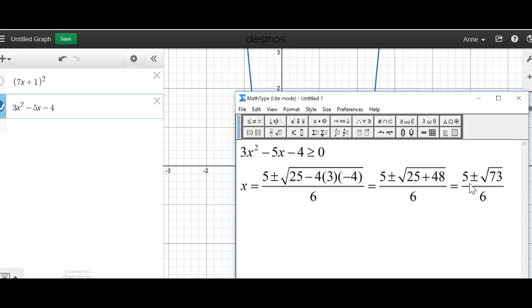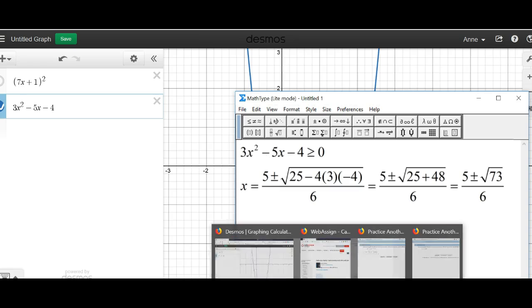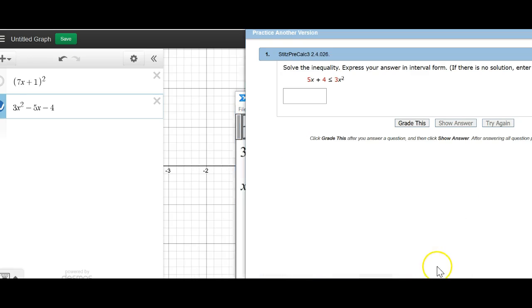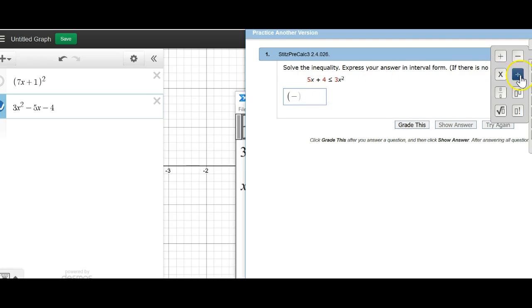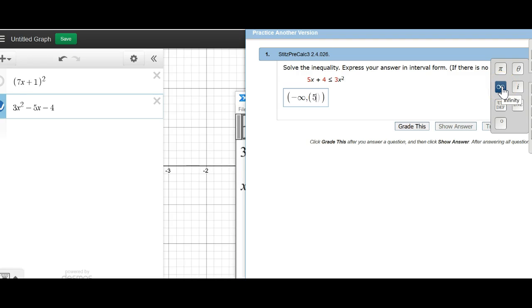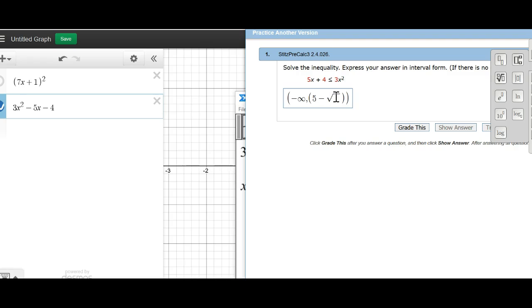So let's go and try to enter that in WebAssign. I think WebAssign, will it do that? Yes. You can type in SQRT for a shortcut to square root.